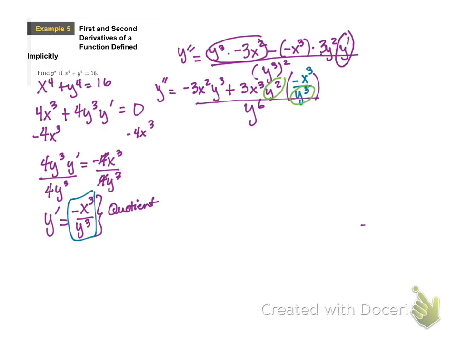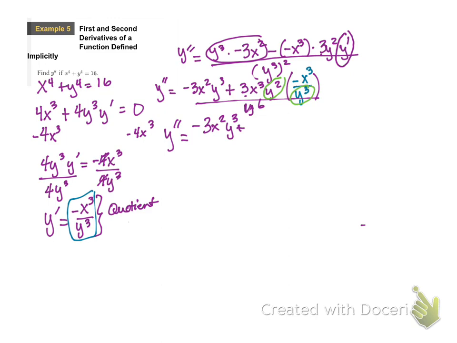So let's rewrite it. We've got y double prime equal to negative 3x squared y cubed plus 3x cubed y squared. Okay, we're going to handle that. This is negative 3, right? Because that's going to be 3x cubed times negative x cubed.